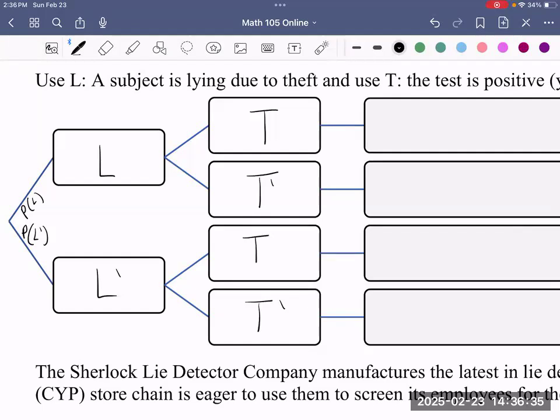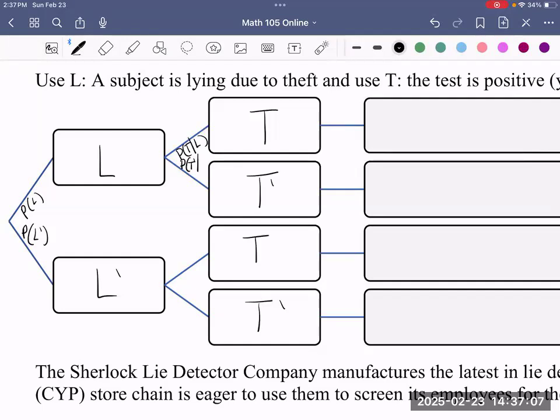So when we look at this branch here, this is the conditional branch. Something has sparked them to take this polygraph test. That is because they are perhaps stealing and therefore lying. So this person is taking the test, given that some sort of lie has occurred, some sort of deceit or theft has occurred. And the one under it is the probability that they fail or that they pass this test.